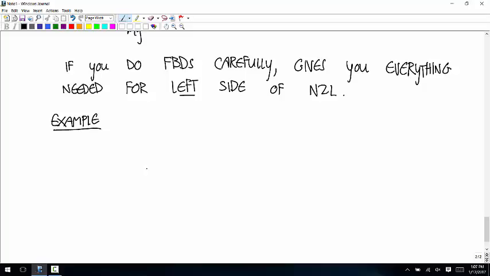So let's say that there's a mass connected to a pulley, and there's also a pulley connected to the ceiling.